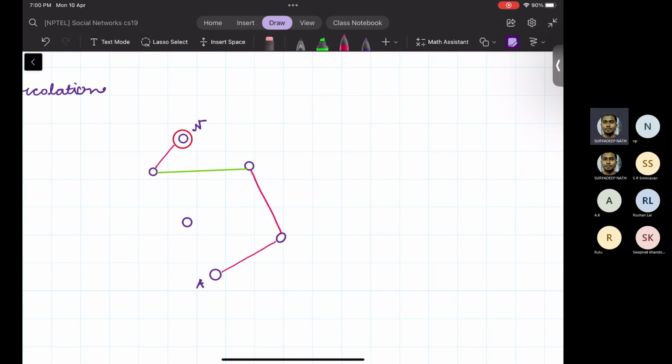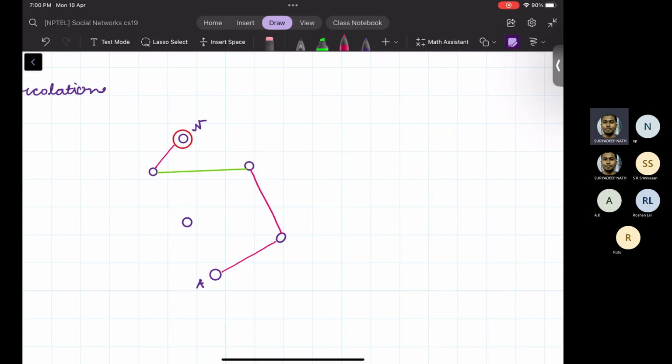The scenario becomes like this. The red path means a closed edge, and green means an open edge. So there exists at least one path with one open edge. But in such a case, A is not susceptible to the disease, because the disease won't pass from N to A: the path from N to the node on the left is blocked, that is, closed. Even though from the left to the right it is open, it cannot pass from N to A. Therefore A is not susceptible in this case.